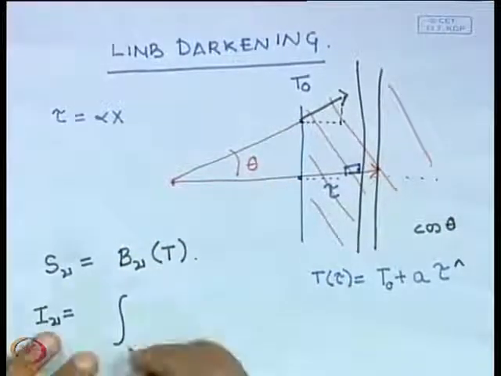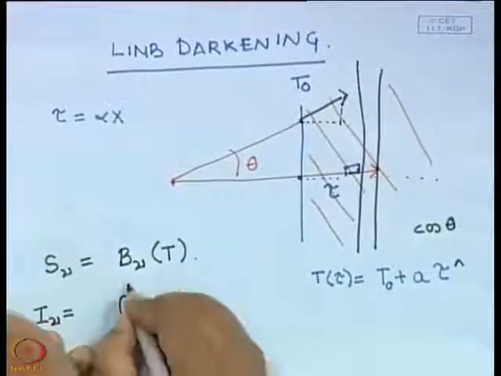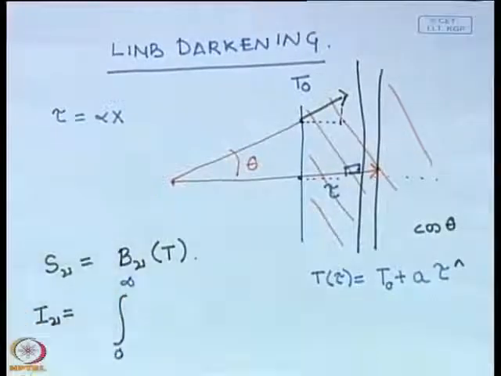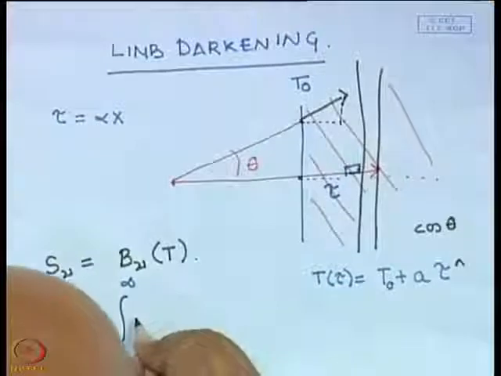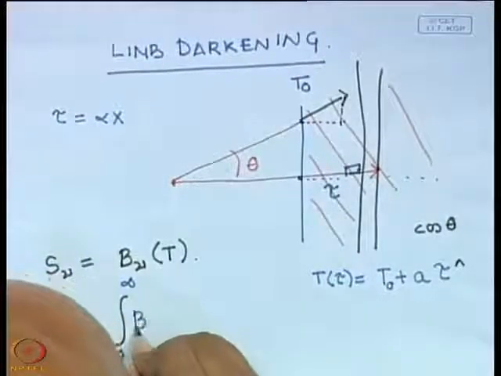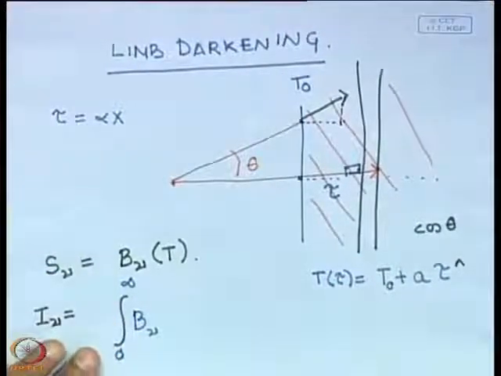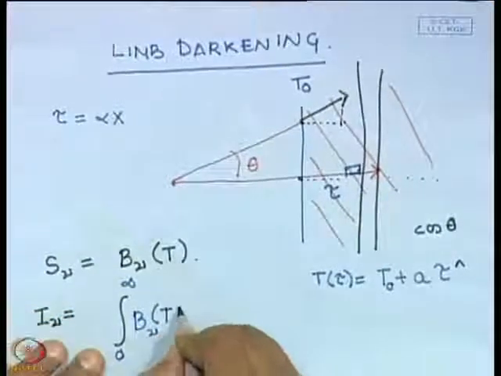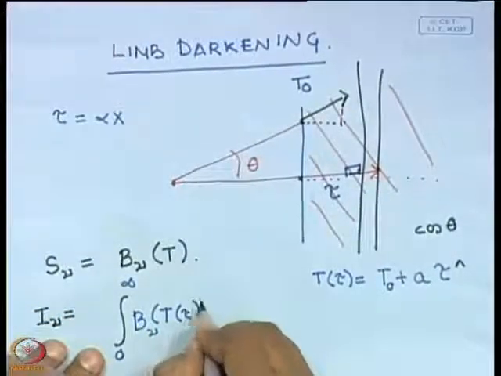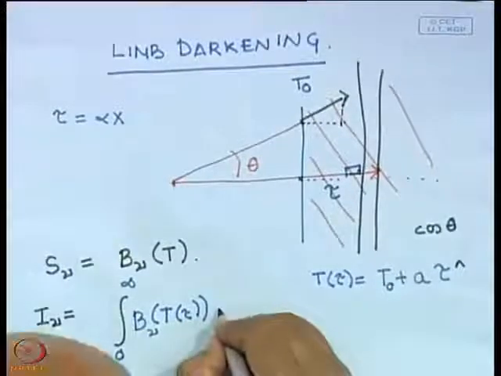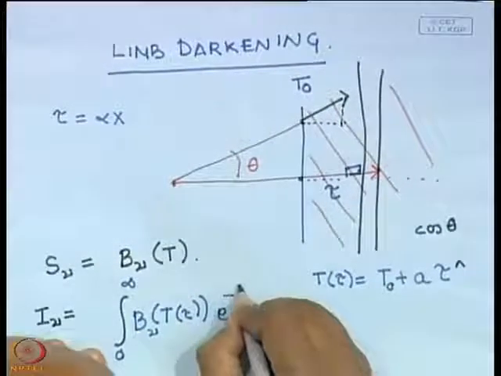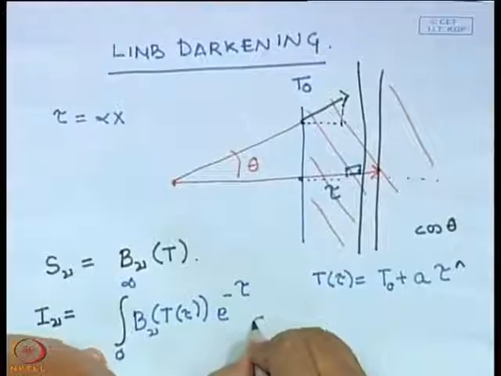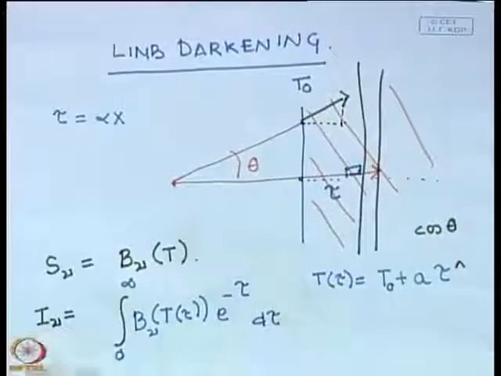So this is going to be 0 to infinity, and then you have the source function, which here is B, the Planck function, which is a function of the temperature at that optical depth, into e to the power minus tau d tau. Right, this is the solution.